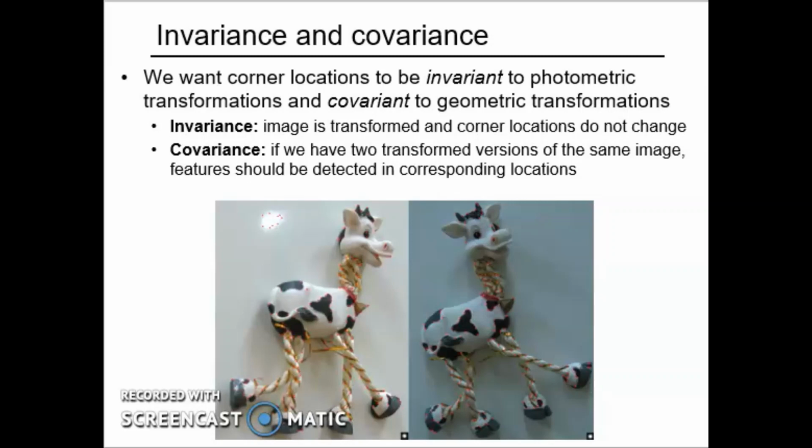By covariance, we mean that if we have two transformed versions of the same image, the features should be detected at the corresponding locations, and there should not be any change in that. So these are the two important properties that should be followed by corner detection methods.